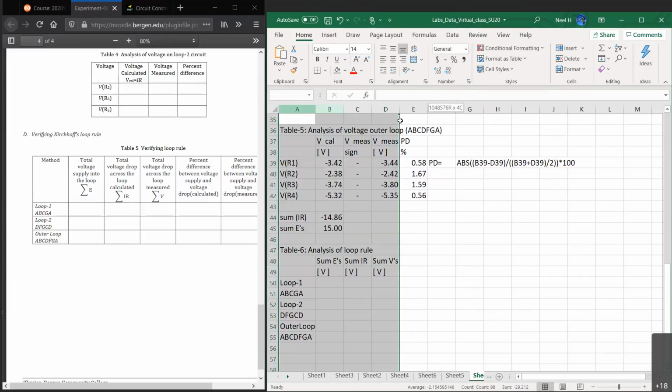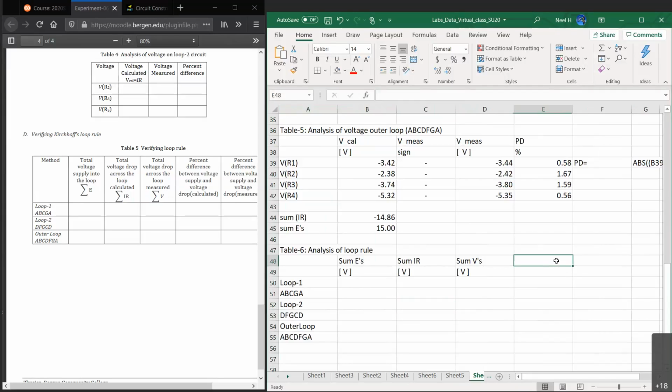Let me expand these columns a little bit. Make it larger. Okay, so now when you do this percentage difference, we need to do percentage difference twice. One is the sum of all the E versus IR, okay? So it says here percentage difference, voltage supply and then voltage drop calculated. This is between first this column right here and the sum of IR.